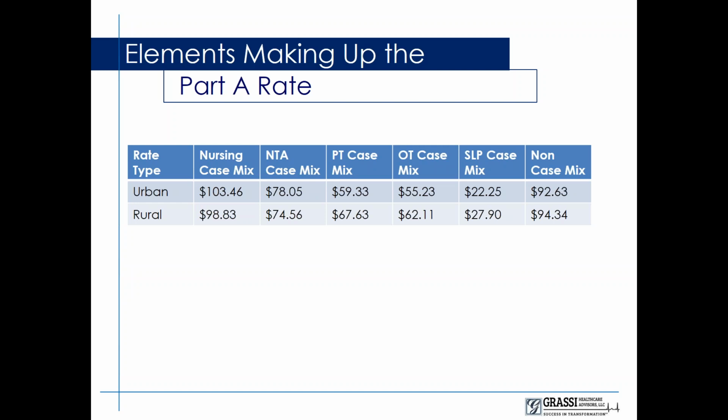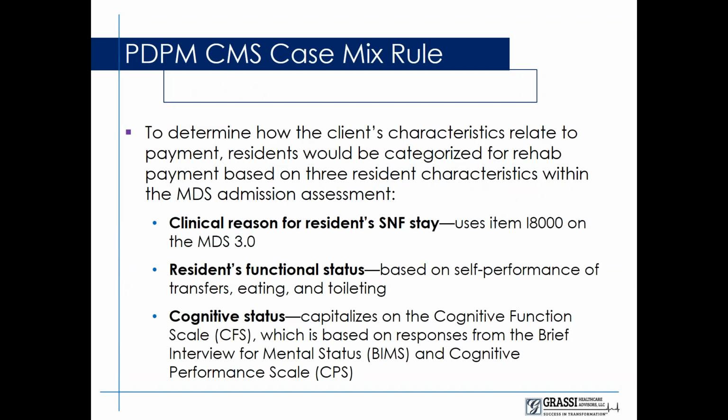Now you remember in RUG 4, you found the category that had the highest level of case mix, and that became the payment category for the resident, and all the other categories no longer mattered. Under PDPM, you can see it's an additive effect of each component. So it shows the importance of each and every component to the assessment and to reimbursement for the patient.